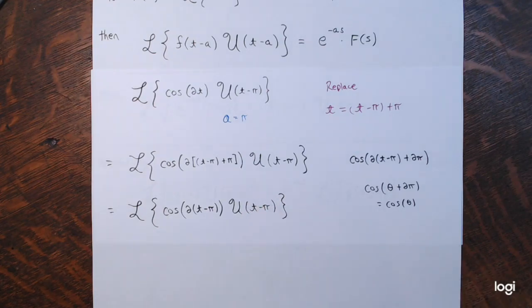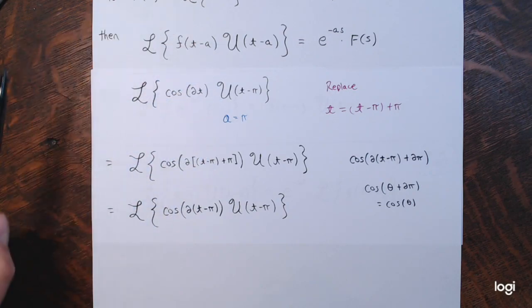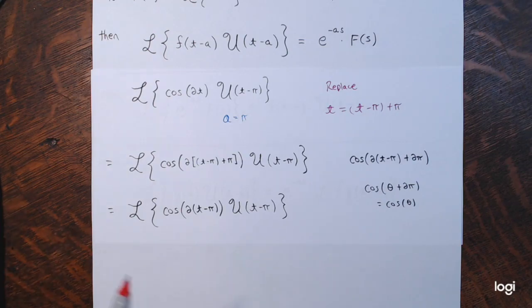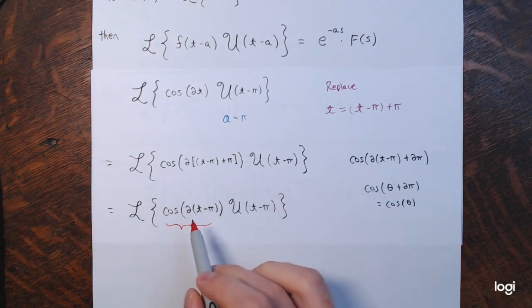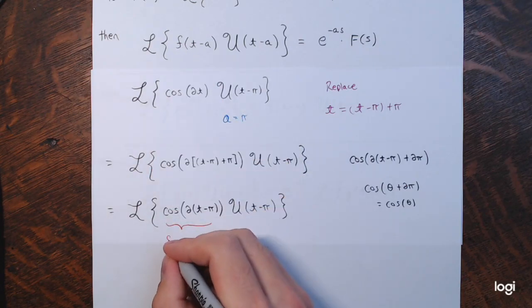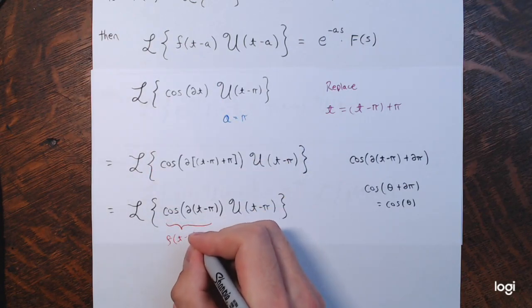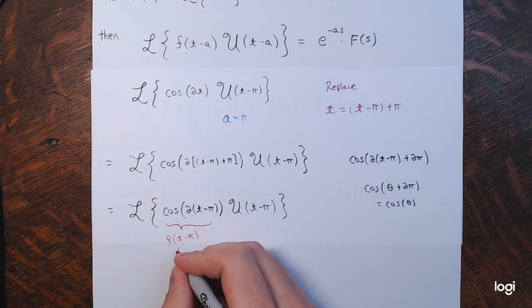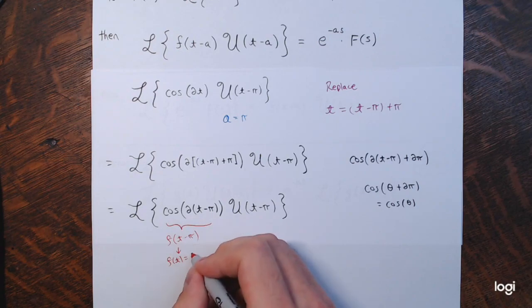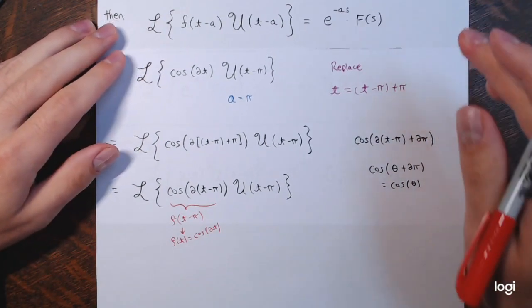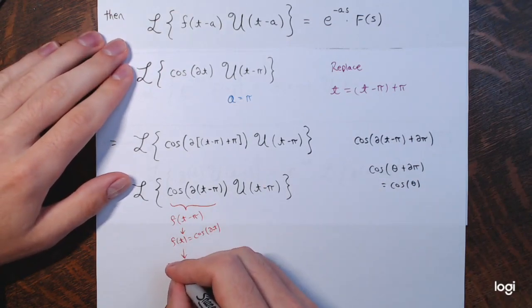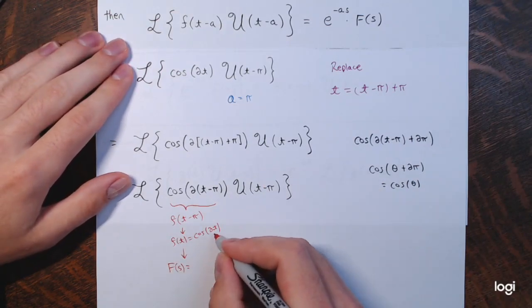Great, and now I have something that looks like what I want, where again, the value of a is pi. So this cosine of 2 times t minus pi, that's f of t minus pi. And if this is f of t minus pi, then f of t, just replace t minus pi with t, would be the cosine of 2t. And you should know the Laplace transform, capital F of s, of the cosine of 2t.